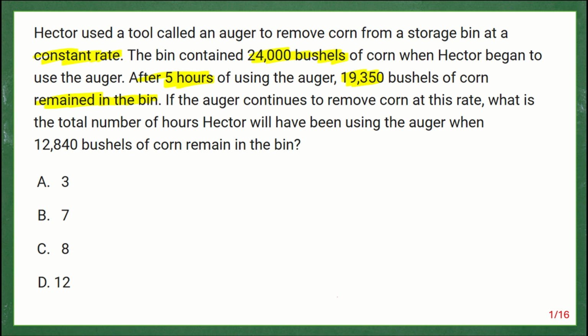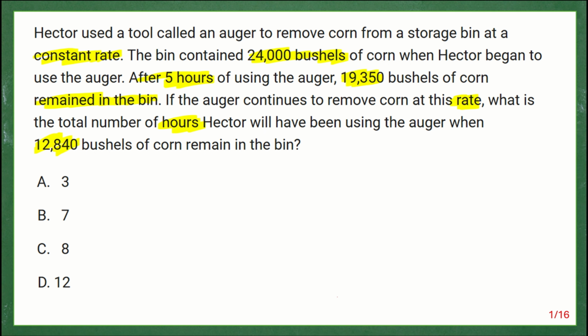Now, if the auger continues to remove the corn at the same rate, what is the total number of hours Hector will have been using the auger when 12,840 bushels of corn remain in the bin?